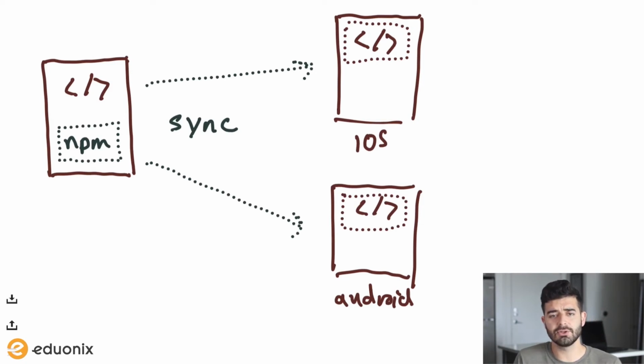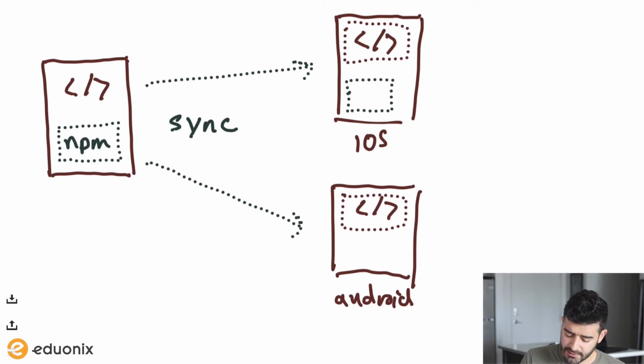And what this command is going to do is look through all of the installed NPM packages in our Angular application and see if any of them have corresponding native libraries. The Capacitor camera plugin will have a corresponding iOS CocoaPods library and a corresponding Android library. So during the sync command, Capacitor will install that camera library on iOS and the camera library on Android.